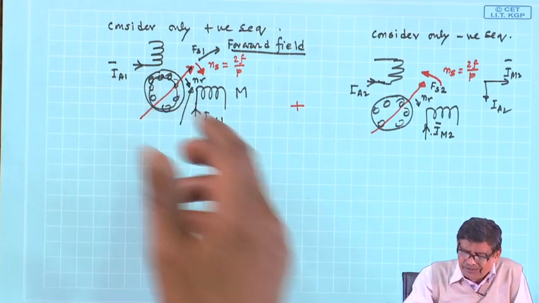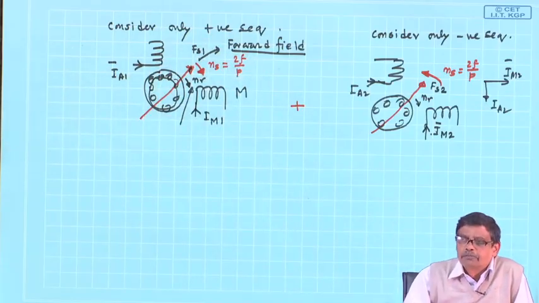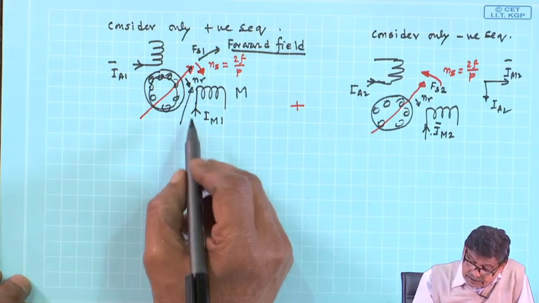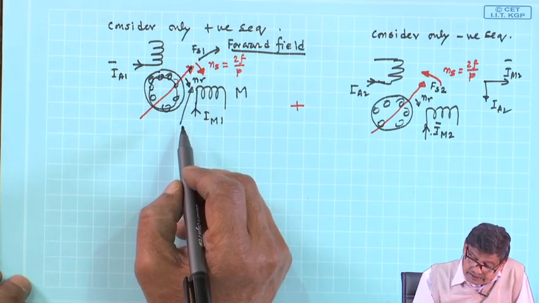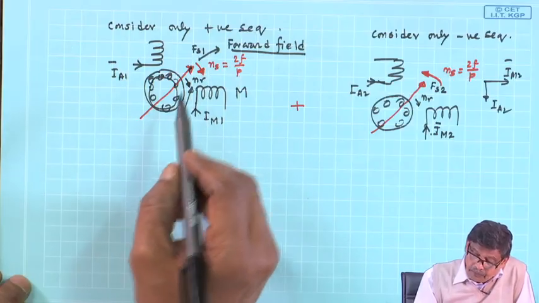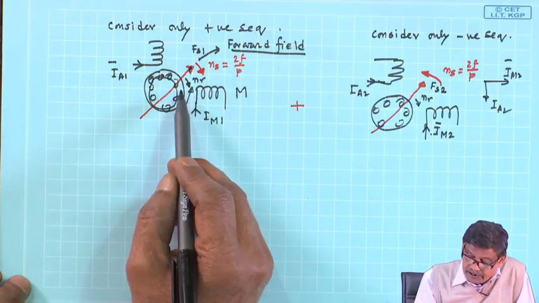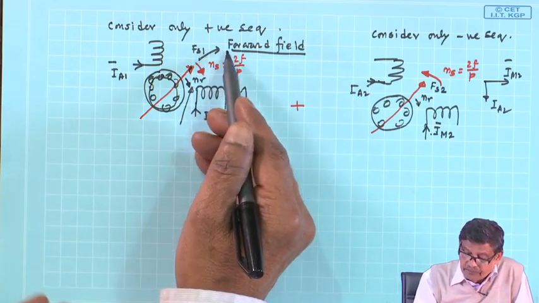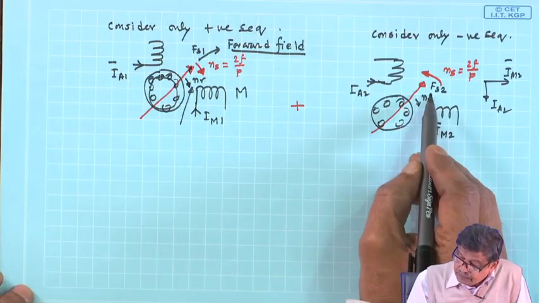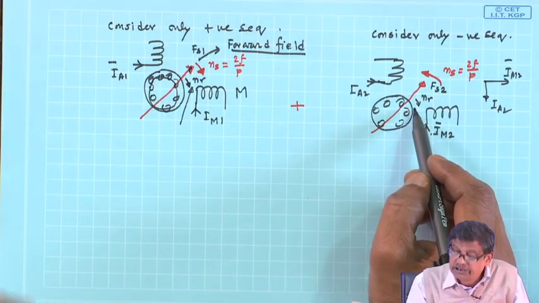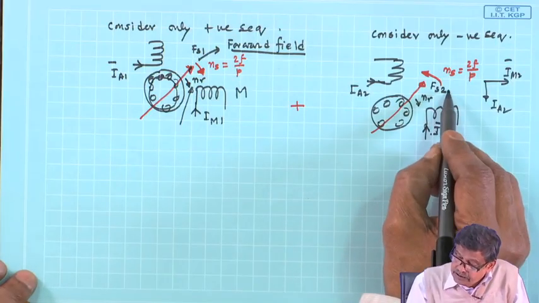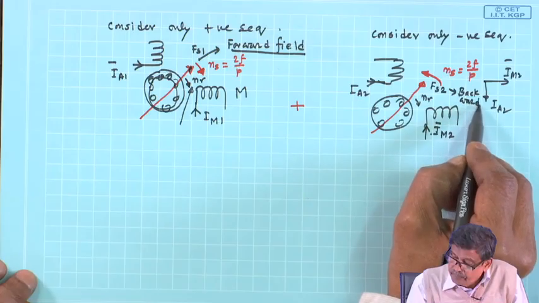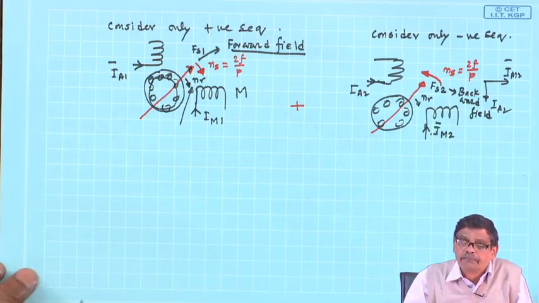Let us suppose, by hand or by some external agency, it is given a spin, Nr, and this is the situation. Then Nr is this speed. Therefore, the directions of the speed of Fs1 and the speed of rotor rotation are the same, and that field I am calling the forward field. And this field Fs2, which is moving in the opposite direction of the rotor rotation, let me call the backward field. This I can always do, give some name.